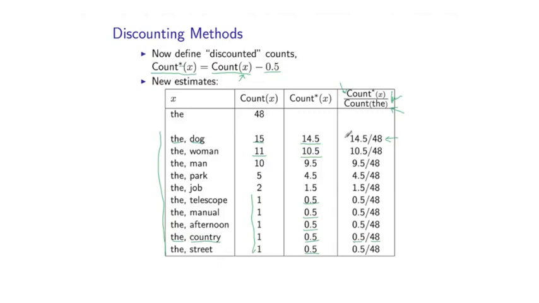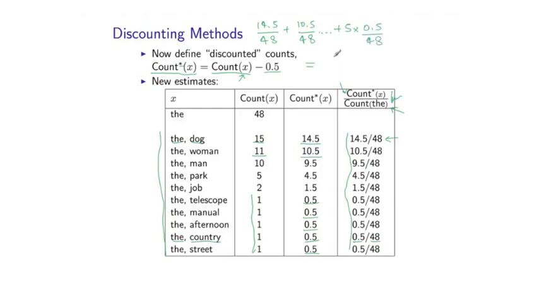Now, once we've done this, we'll see that there is actually some missing or left over probability mass. What do I mean by that? Well, if we sum each of these terms, we end up with an expression something like 14.5 out of 48 plus 10.5 out of 48, and so on and so on. Finally, we have plus 5 times 0.5 out of 48.